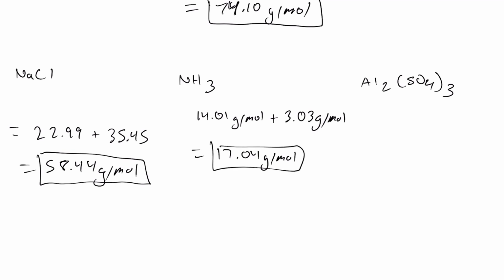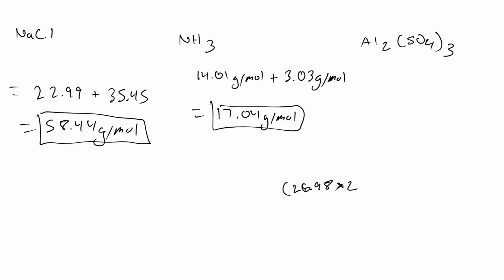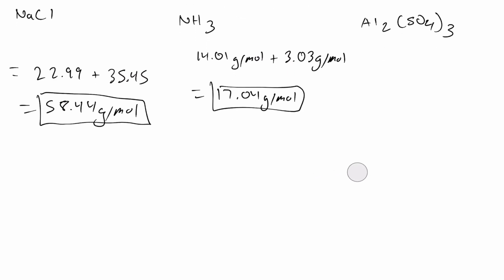And then for the last one here, this one's a long one. Since we have 2 aluminums, the atomic mass of aluminum is 26.98. So I'll show it down here. 26.98 times 2.